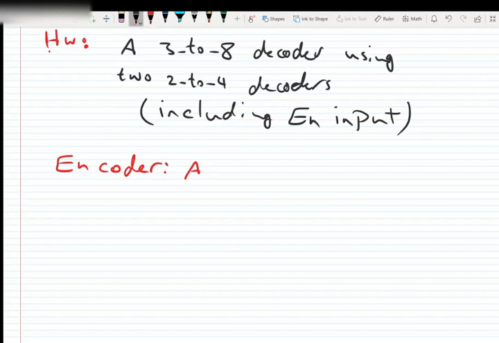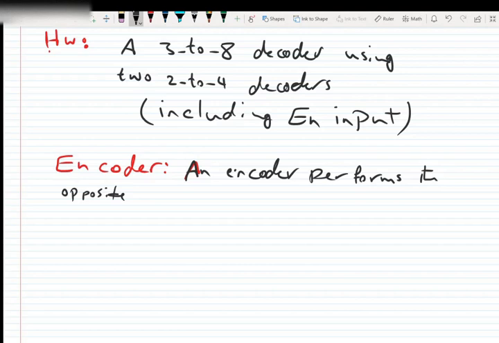We can say an encoder performs the opposite function of a decoder.